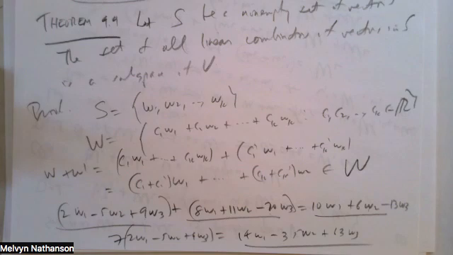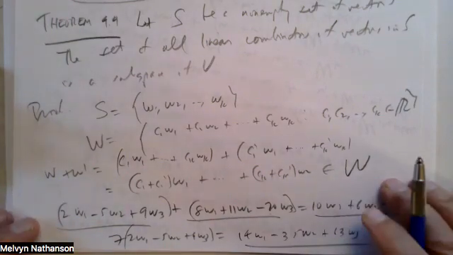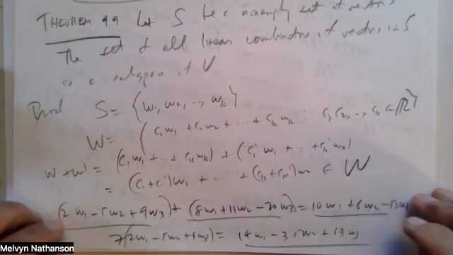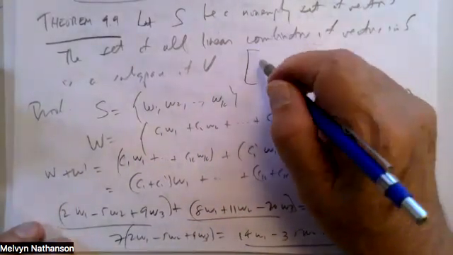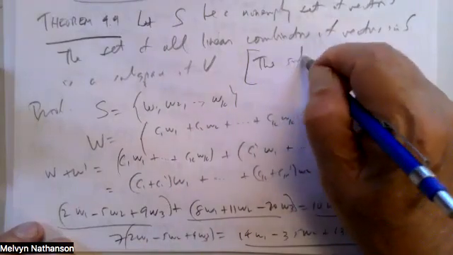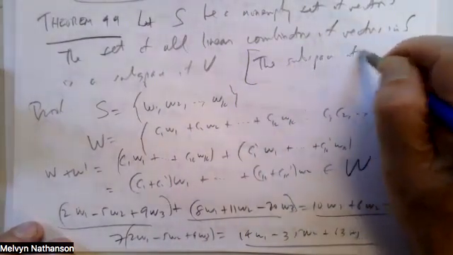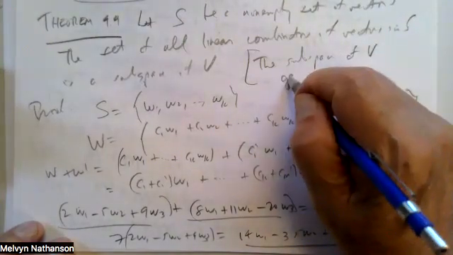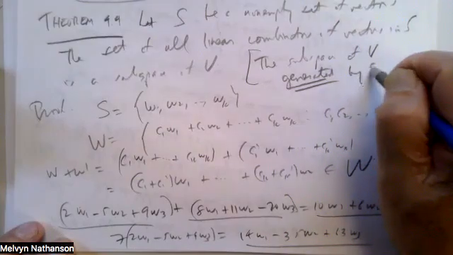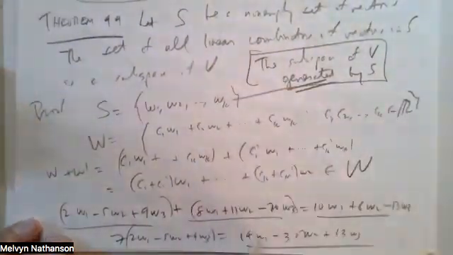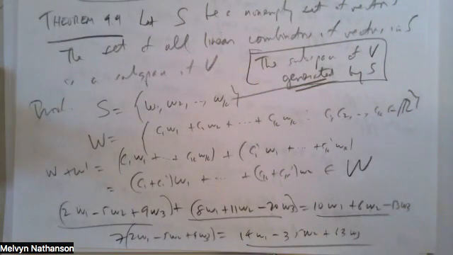So given any set of vectors, you can get a new subspace by taking their linear combinations. And we have a name for this. We call this the subspace of V generated by S. It's the set of all linear combinations of the vectors in S.